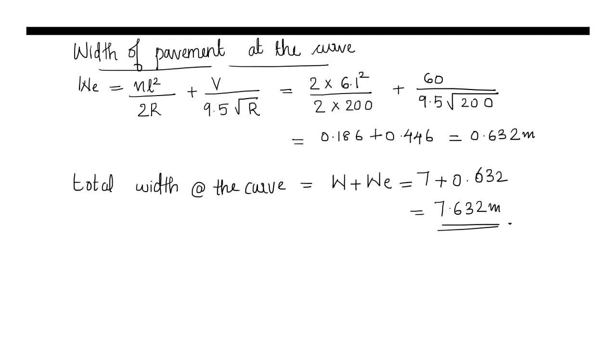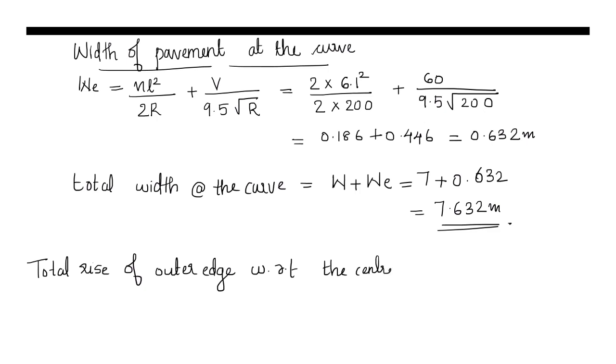Next, the total rise of outer edge with respect to the center line. And that is equal to super elevation divided by 2, that is equal to E into width of pavement, rate of super elevation into width of pavement divided by 2.